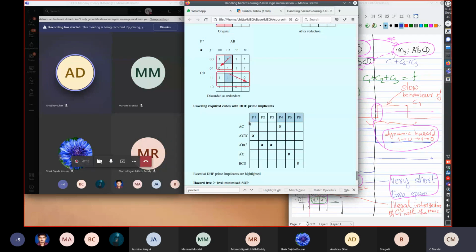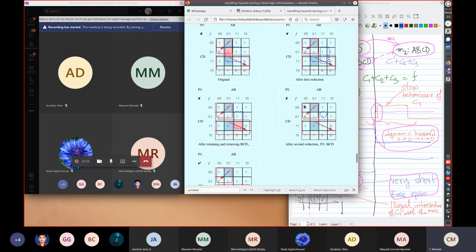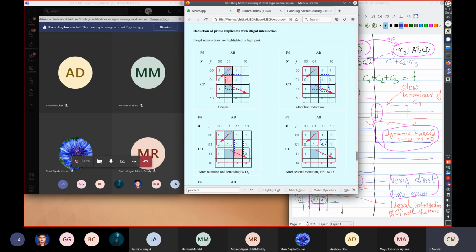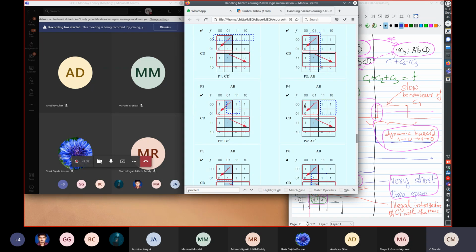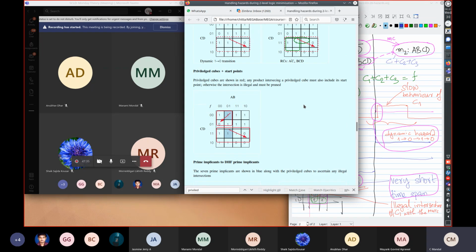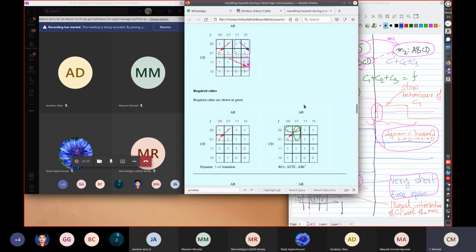Yeah, so the important part is, you can try on this itself. You can identify the reduction.